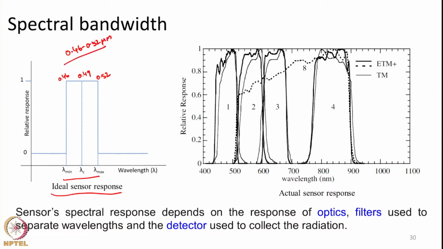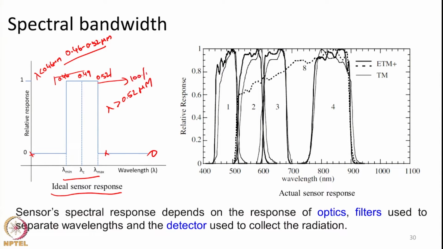If this is the case, in theory an ideal sensor should not produce any output for any radiance coming in wavelength less than 0.46 micrometers, and similarly for wavelength greater than 0.52 micrometers. It should not produce any output, it should be 0. On the other hand, any radiance coming within this particular spectral bandwidth should produce signal with 100% efficiency.